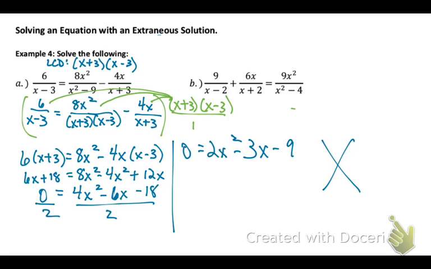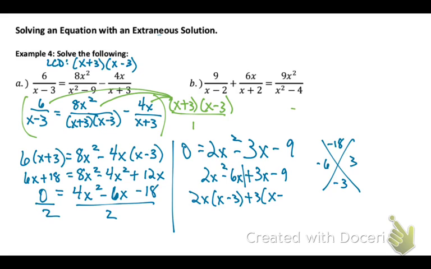Now let's see if we can find two numbers that multiply to give us negative 18 and combine to give us negative 3. So negative 6 and 3. And now I can factor by grouping. So I can factor out a 2x and a positive 3. And I'm left with x minus 3 times 2x plus 3. And now I'm going to set that equal to 0.